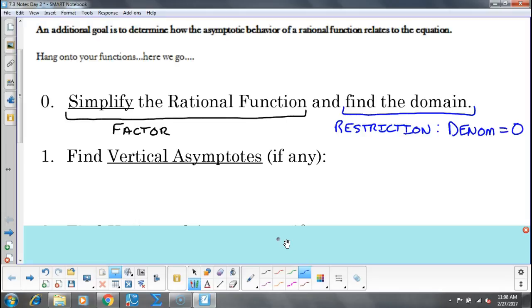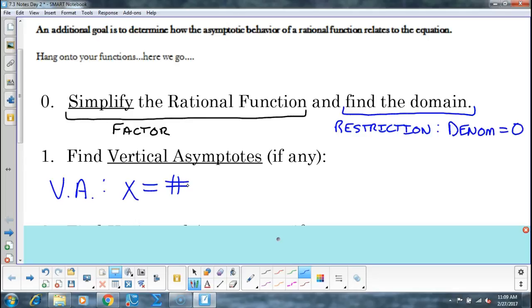Remember that vertical asymptotes are of the form x equals some number, and x equals some number, and as many as we have. But they're all of the form x equals some number.